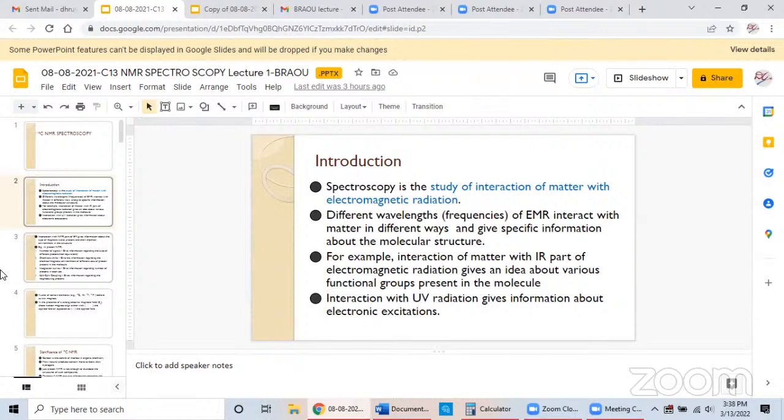Ma'am, the screen is not changing. Is it only for me or for all? Only the introduction sheet is displayed from the start up to here, the screen is not changing. Any problem?